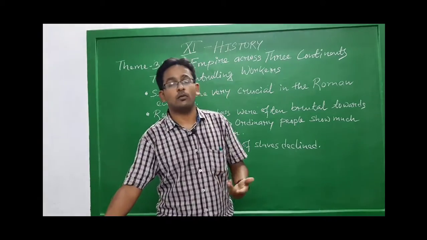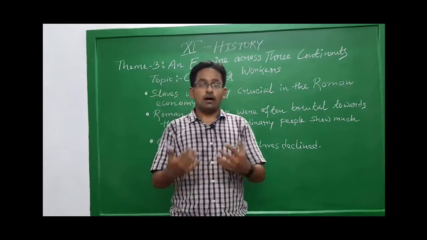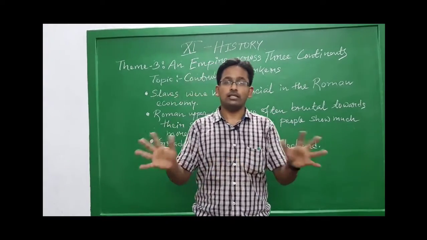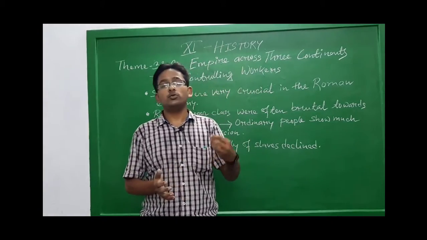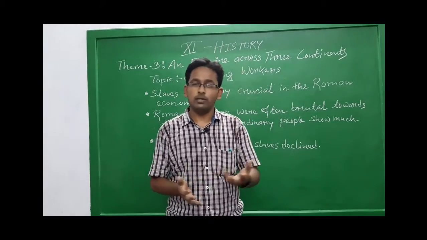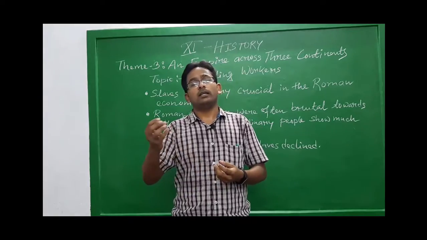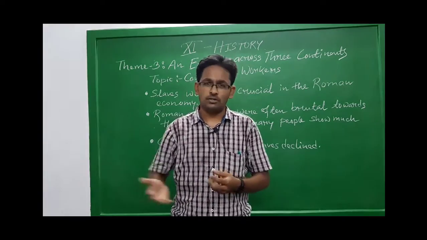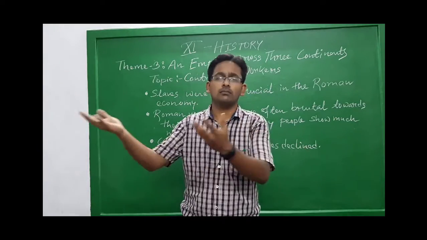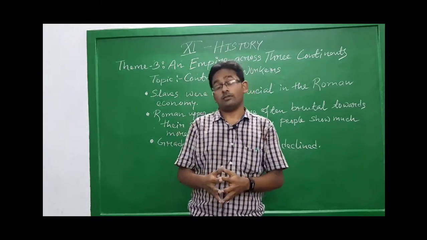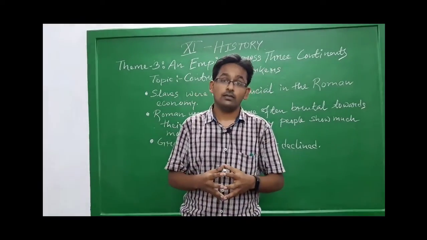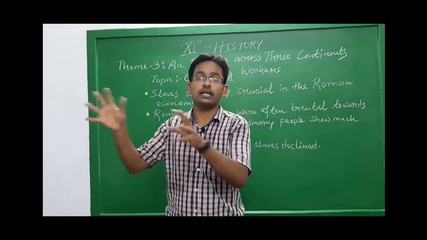Just take an example from our daily life. In our houses there are mostly domestic servants, right? And we usually provide domestic servants monthly wages, plus we usually provide them a bonus in the puja vacation, and sometimes we offer them food. But suppose we have a permanent servant in our house, then what will be the case?